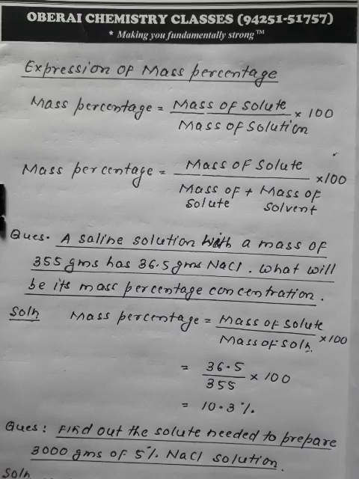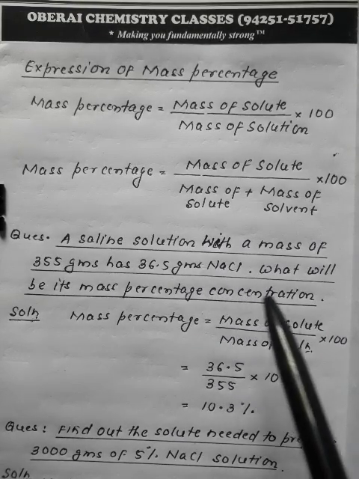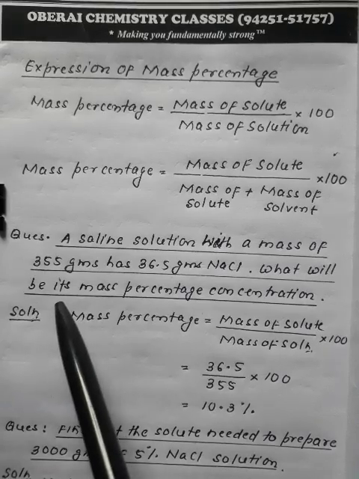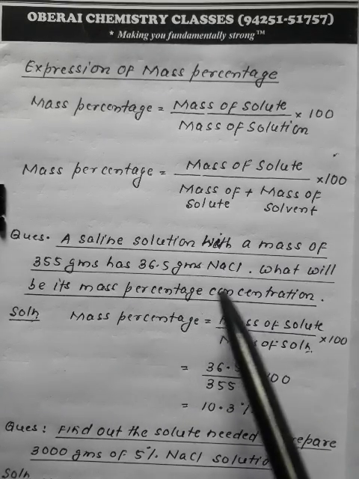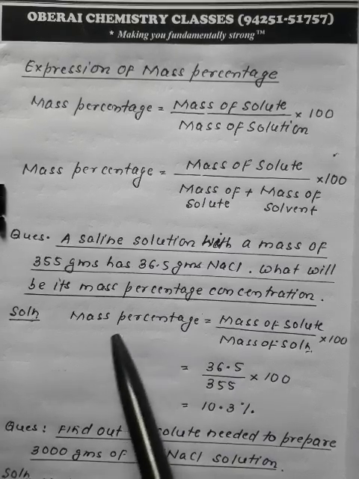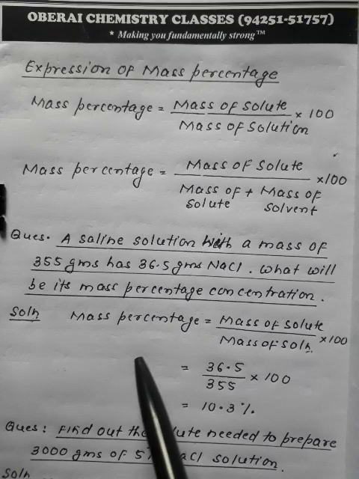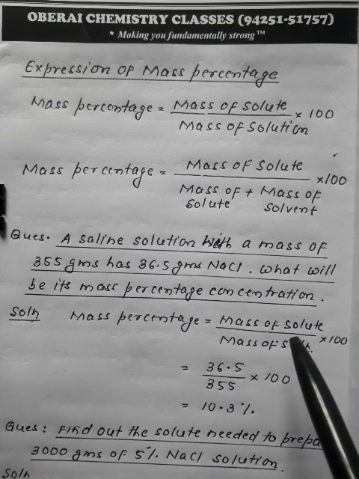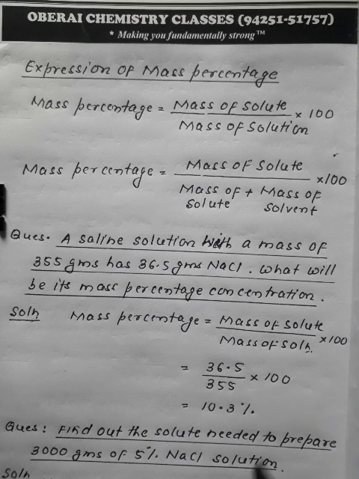Suppose a question is given: a saline solution with a mass of 355 grams has 36.5 grams of NaCl. What would be the mass percentage concentration? How can we solve it? We know that mass percentage is equal to mass of solute upon the mass of solution into 100.